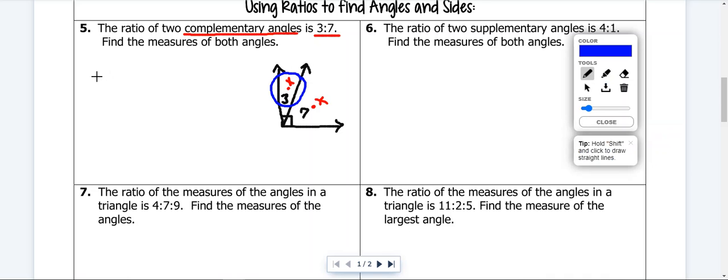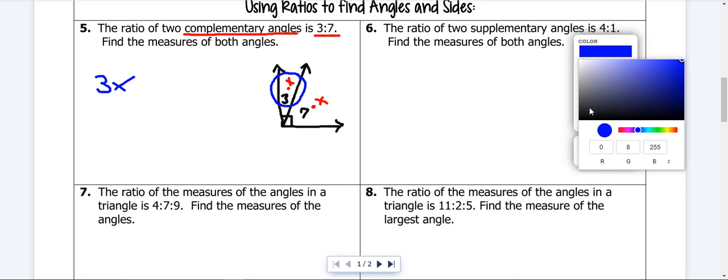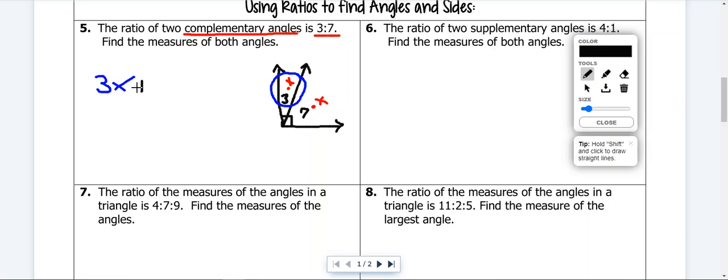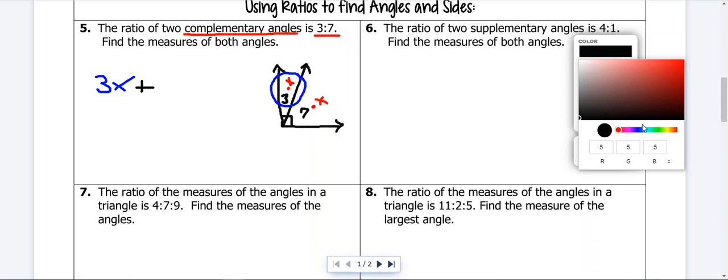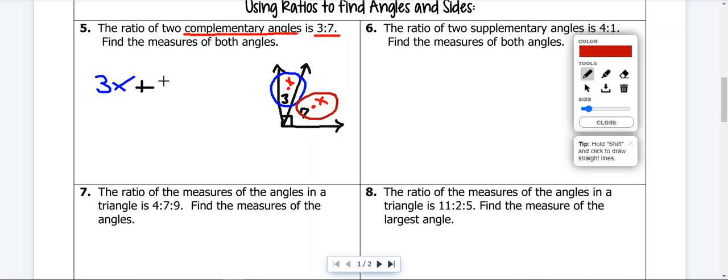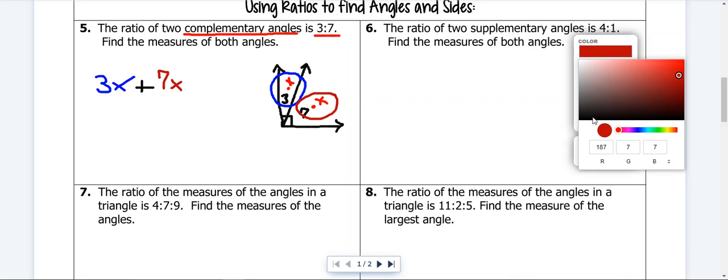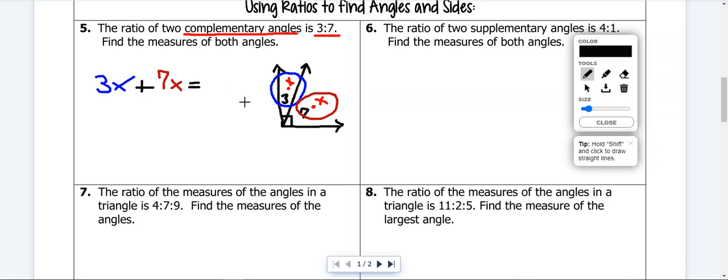We've got our 3x, and then I know if I add that to whatever our 7x ends up being, here's our 7x, that has to equal 90 degrees, our complementary angle.